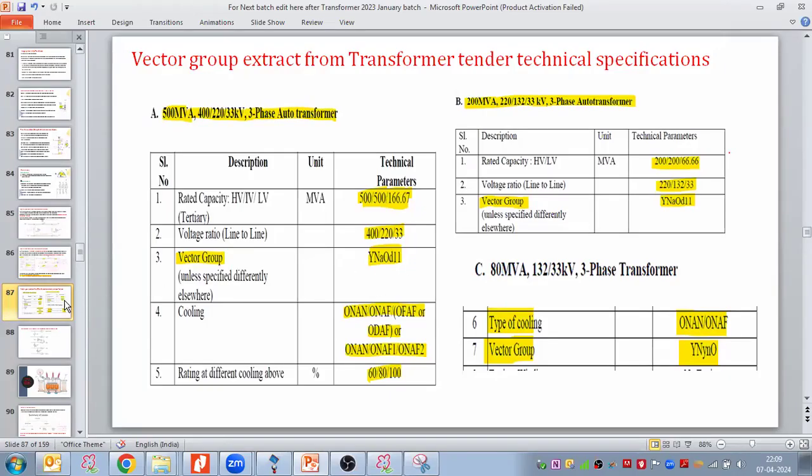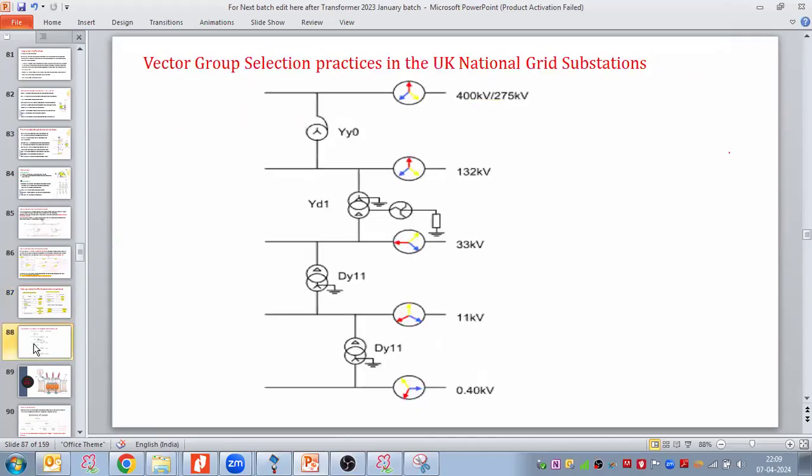Let us see what we select in the UK. I have taken a snapshot of the UK National Grid, their voltages and their transformer vector configurations. For 400 kV by 275 kV, or 400 by 132 kV, or 275 by 132 kV, they take YN0.